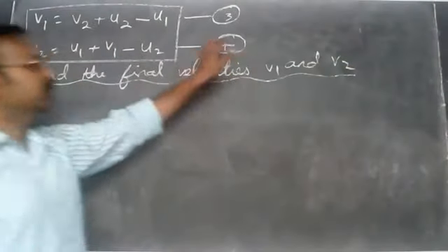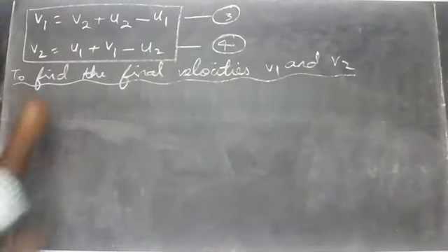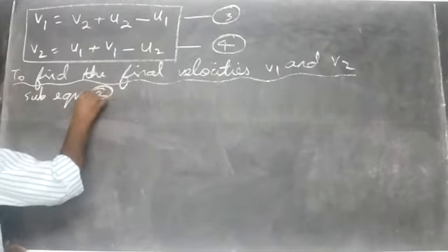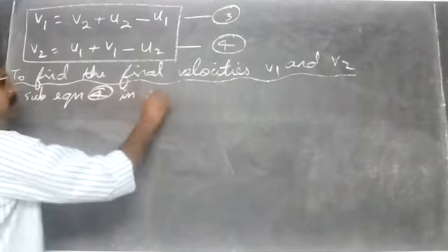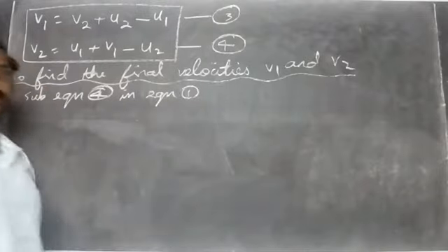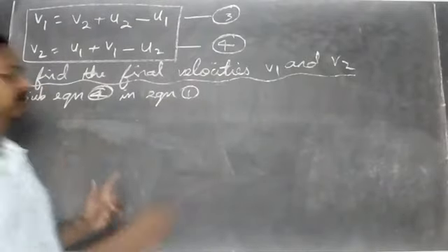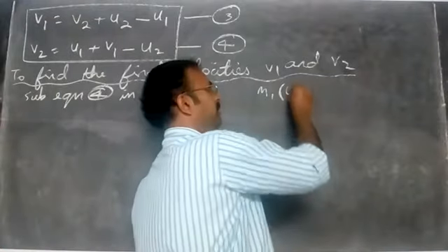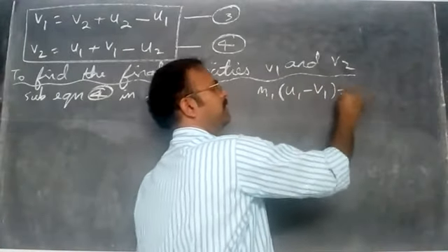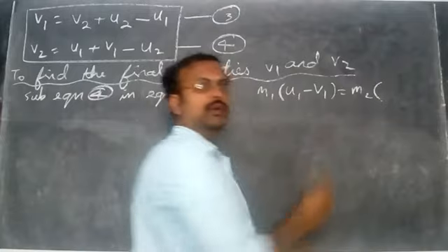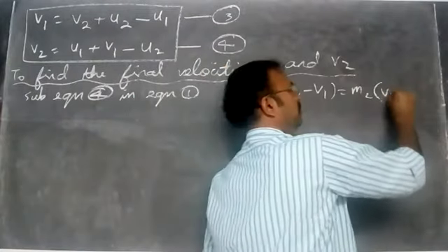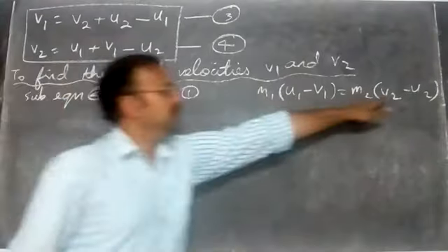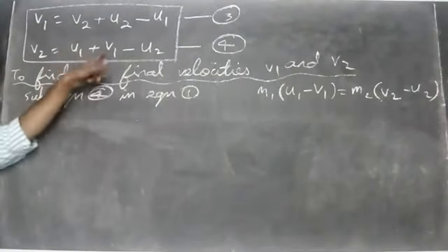We're going to take equation 4 and substitute it in equation 1. So what is equation 1? Equation 1 was m1 into u1 minus v1 is equal to m2 into v2 minus u2. Instead of v2, we substitute this value, u1 plus v1 minus u2.